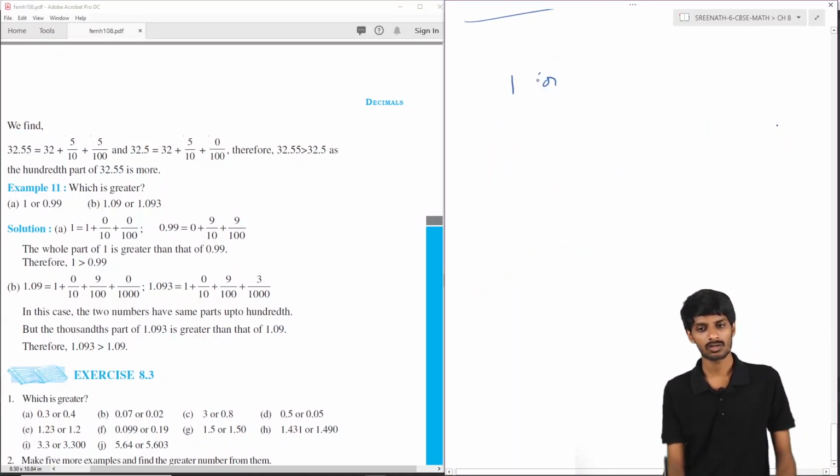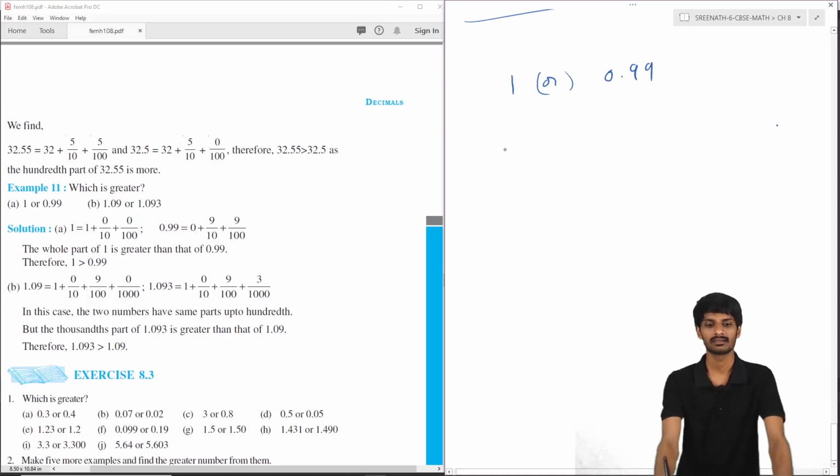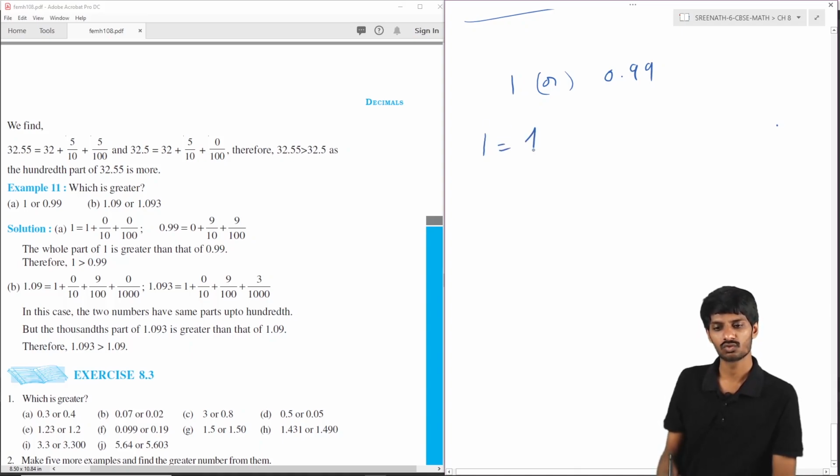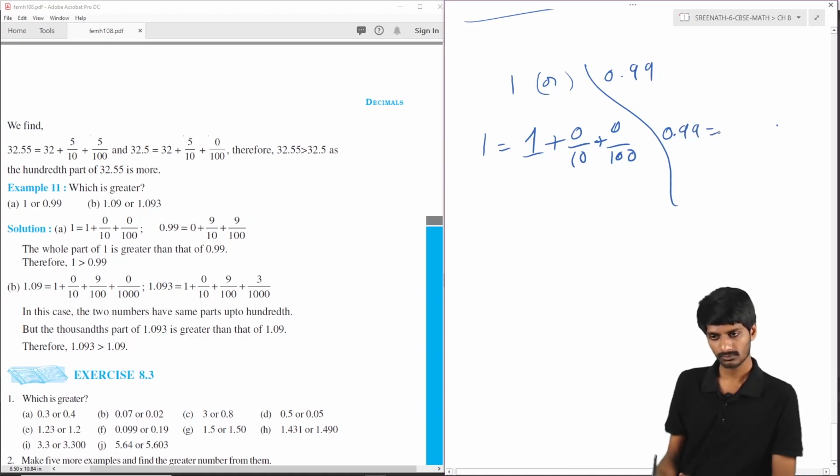1 or 0.99. If you write it, 1 is equal to 1 plus how many 10ths? 0 10ths. How many 100ths? 0 100ths. For 0.99, how many ones? It is 0, plus how many 10ths?